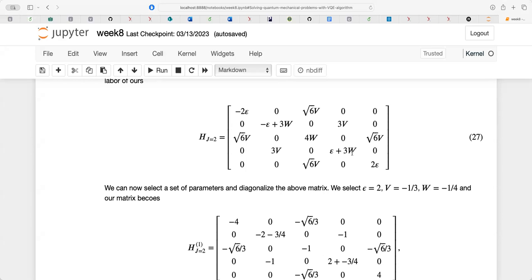That means that the states with mj equal to -1 and +1 will not be there. So the only states which then will be interesting for us will be the states which give the projection -2, 0, and +2. So we need only 3 states if we take away W instead of 5. And that's going to be a simplification.